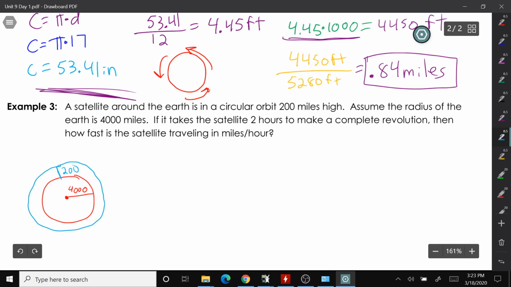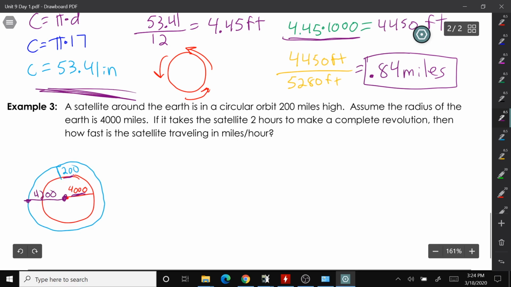Now what we want to do is figure out the radius from the center of the Earth to where the satellite is going. Well, that's going to be this 4,000 here plus this 200. So 4,200.